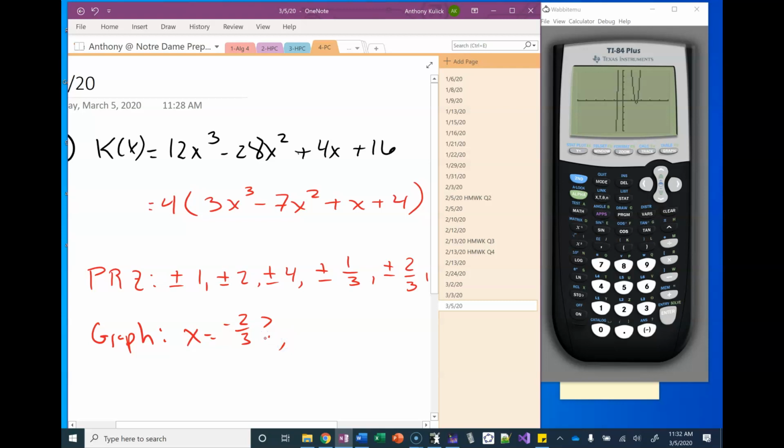It's hard to tell if that's exactly -2/3 or not, but maybe. I see something over here that's a little bit more than +1. Well, that could be 4/3, right? Maybe. Could be. And then this thing that's maybe 1.5, right? Maybe. Hard to tell, right?